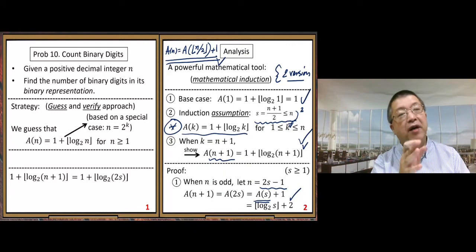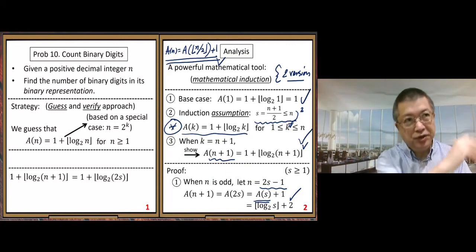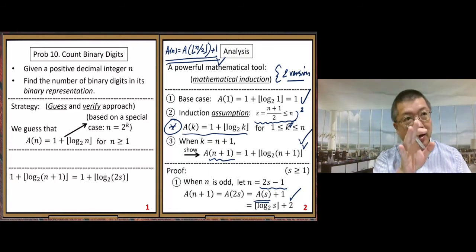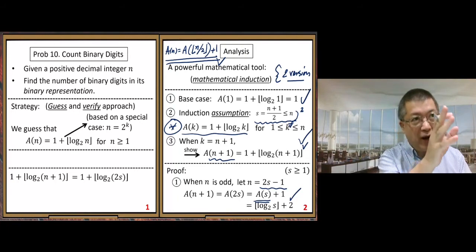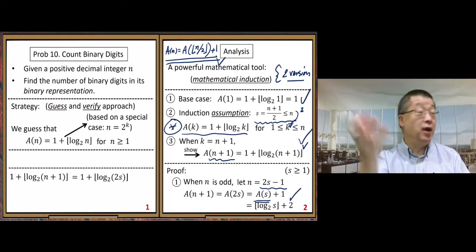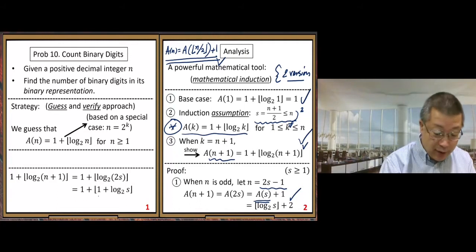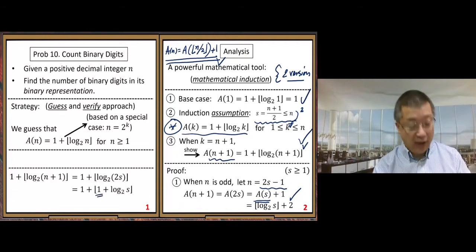First, we use the variable substitution, using the variable S, in this way. 2 times S, by a logarithmic property, we can write as 1 plus log base 2 of S. This 1 is an integer.